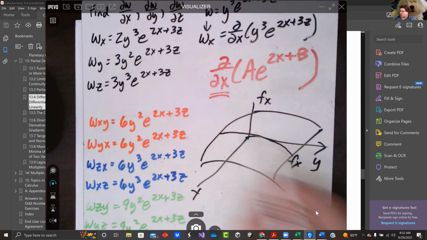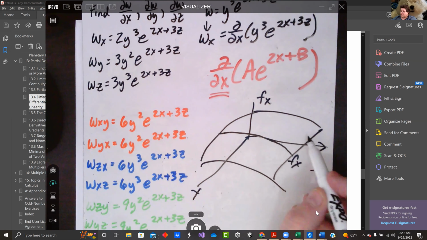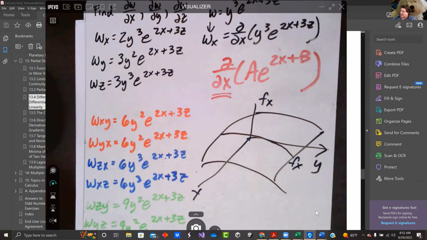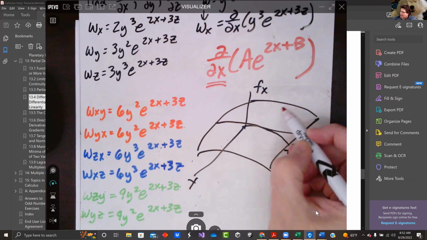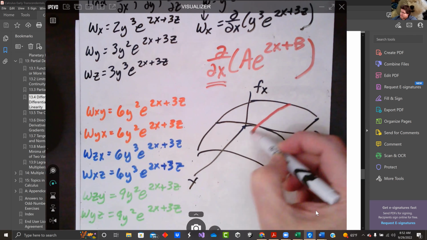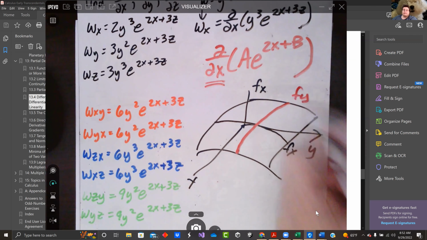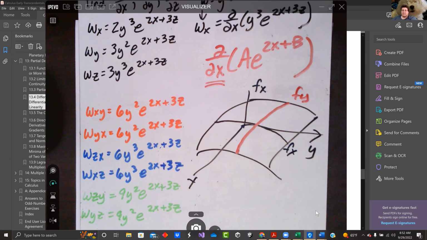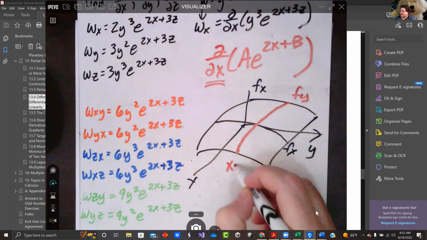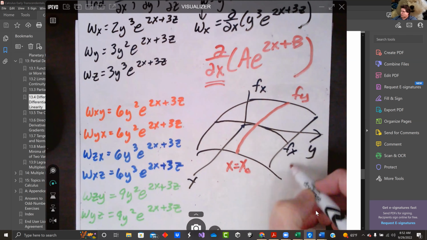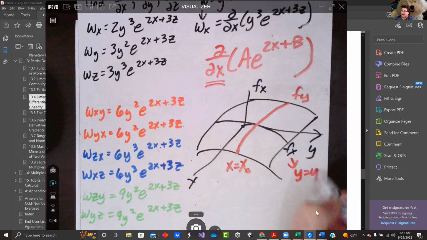And the reason why it looks curved is because the surface is curved. f of y holds x constant, which means f of y is parallel to the x-axis. So x stays constant here. x equals x naught here. y equals y naught here. It's not changing.